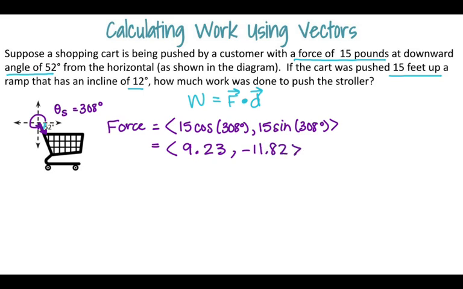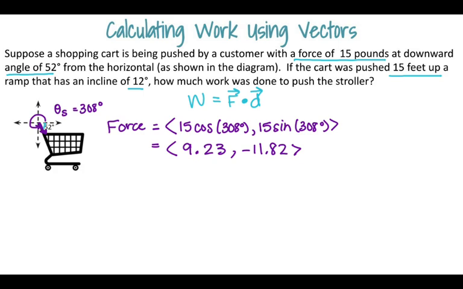And if you look at the quadrant that this vector is in, it is in the fourth quadrant where your x's are positive and y's are negative, which means we would have a positive horizontal component and a negative vertical component.